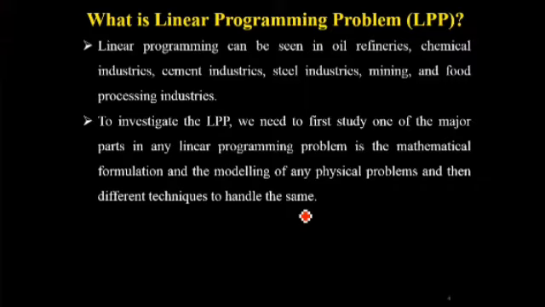Next we will see the formulation part, which is the heart of today's lecture. The formulation of an LPP can be divided into 4 steps. The first step is that we have to find out the decision variables.